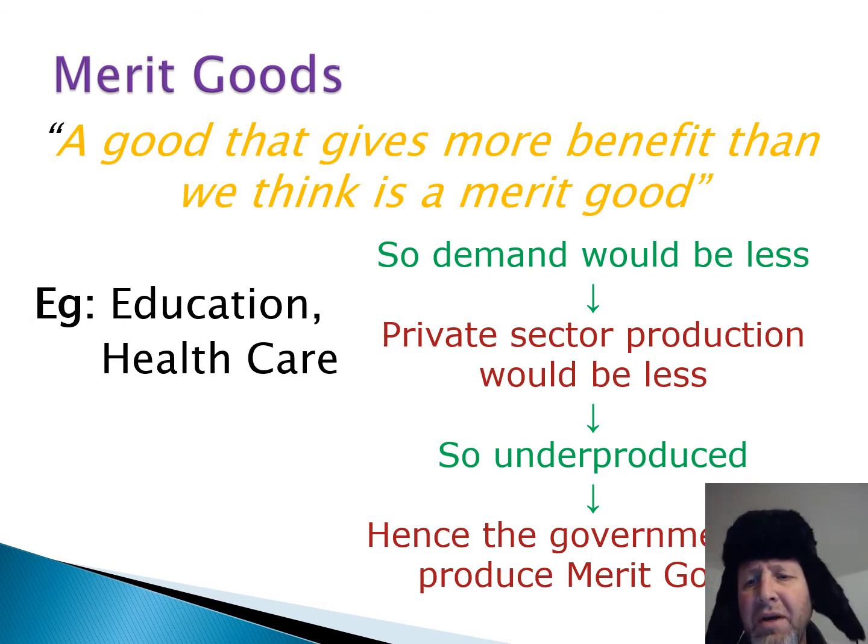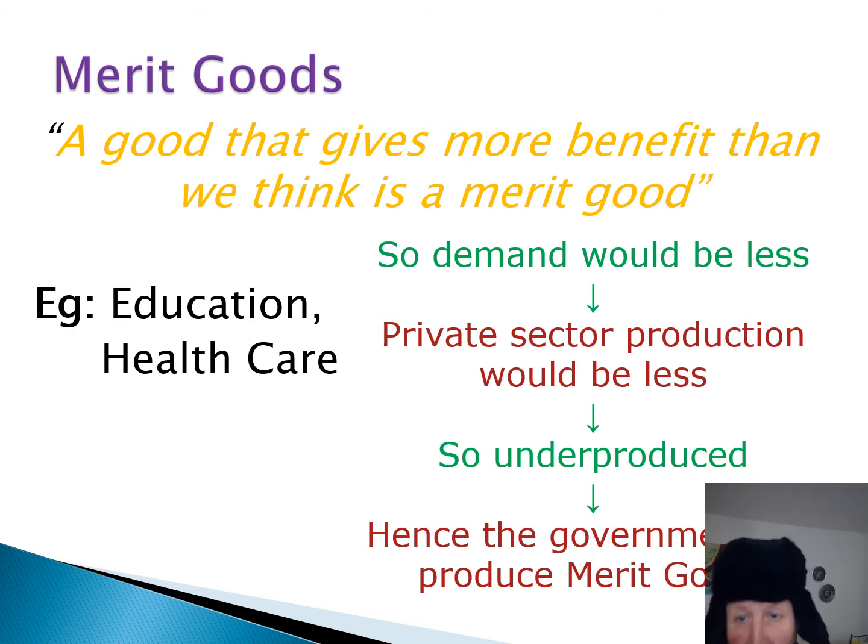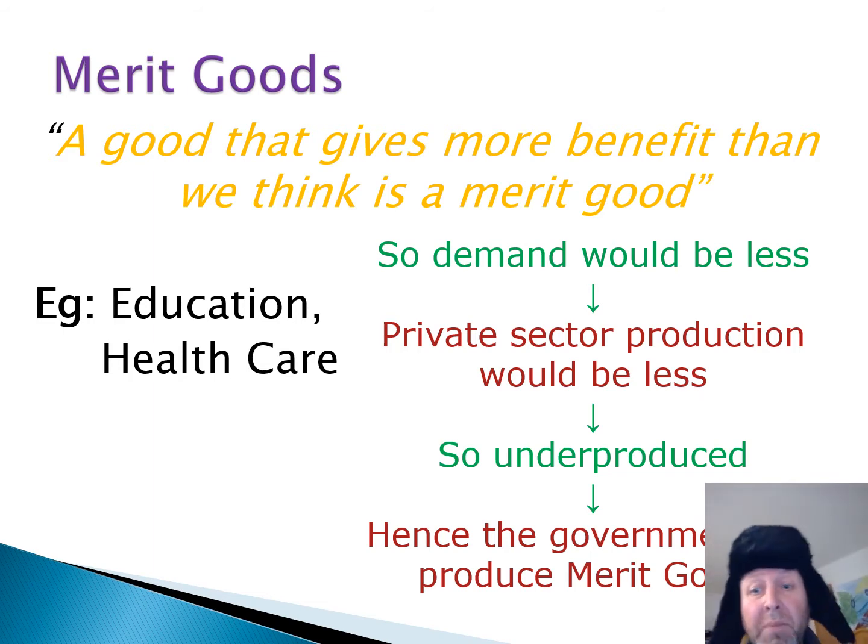There are fewer private hospitals. There are fewer private schools. So they are said to be underproduced. Hence, the government should produce merit goods such as public schools and, as is argued in the UK, the National Health Service, public hospitals.